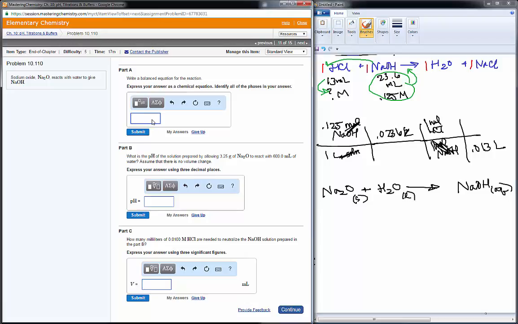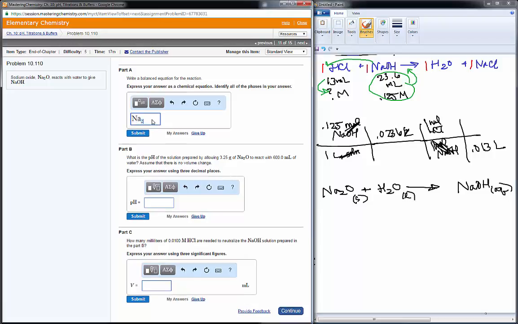So here we go. Na2O plus H2O goes to form NaOH. And they want phases, so that's going to be aqueous because I'm in water.